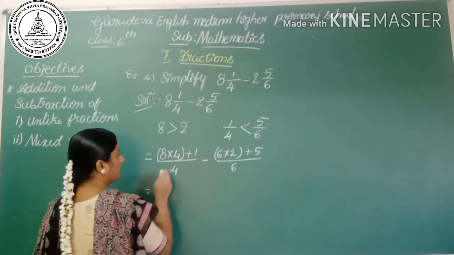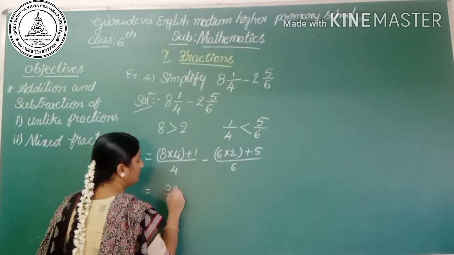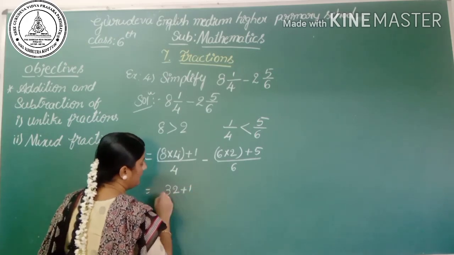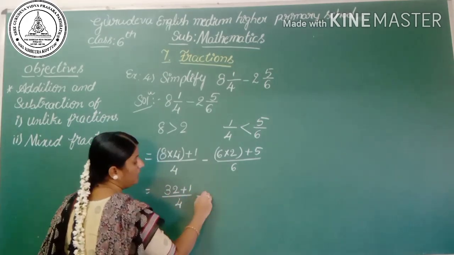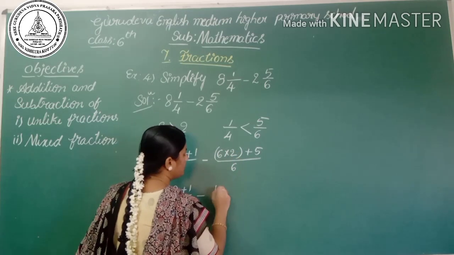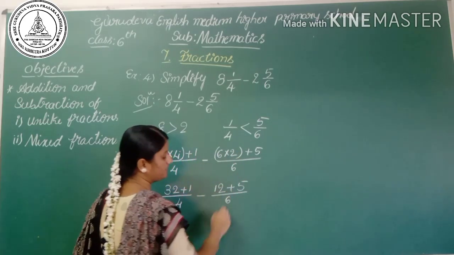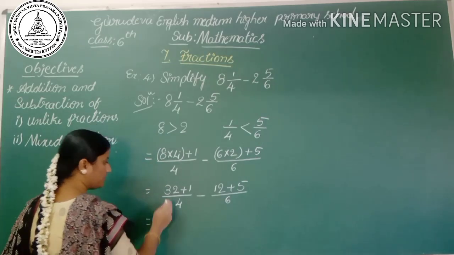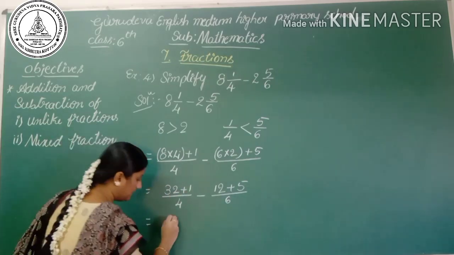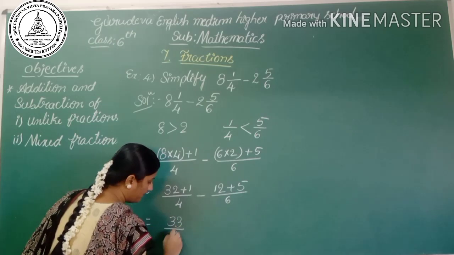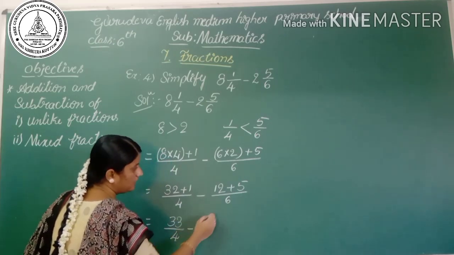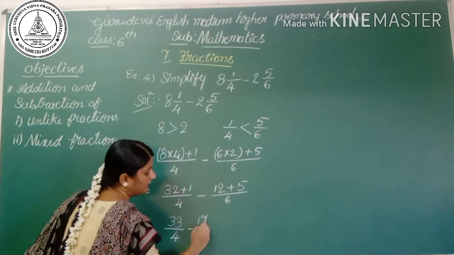Which is equal to 8 4s are 32 plus 1 divided by 4 minus 6 2s are 12 plus 5 divided by 6. Okay. Then which is equal to 32 plus 1 is 33 by 4 minus 12 plus 5 is 17 by 6.